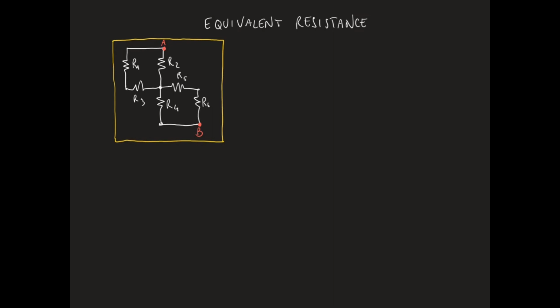Let's expose now the two nodes A and B in such a way that they stick out of the yellow box. The symbol we use to represent the equivalent resistance between the nodes A and B of the network is this one, where R sub EQ is the name we give to the equivalent resistance.